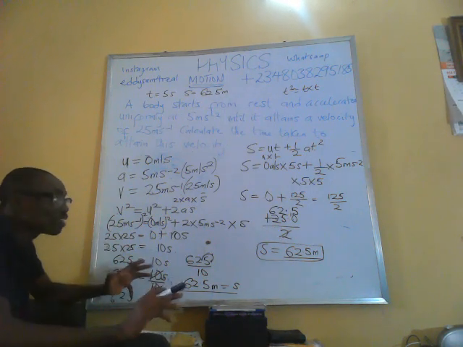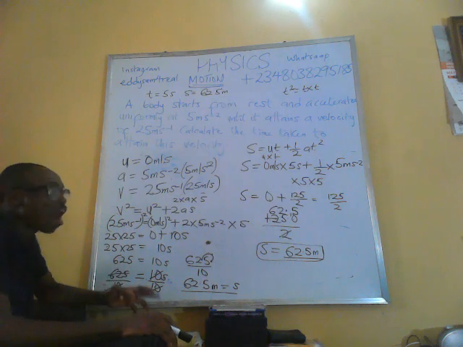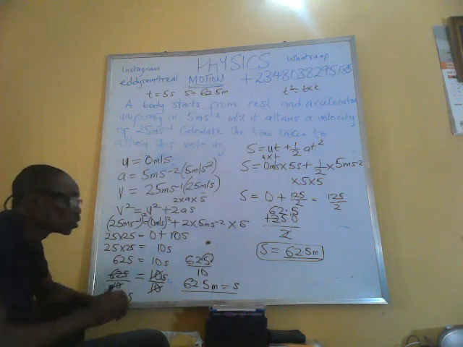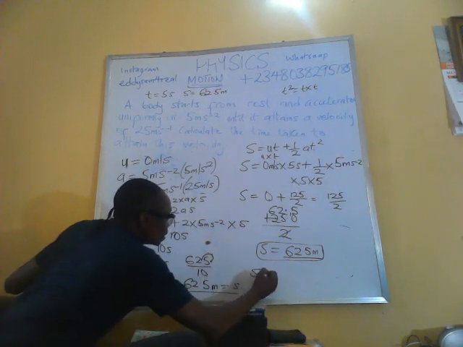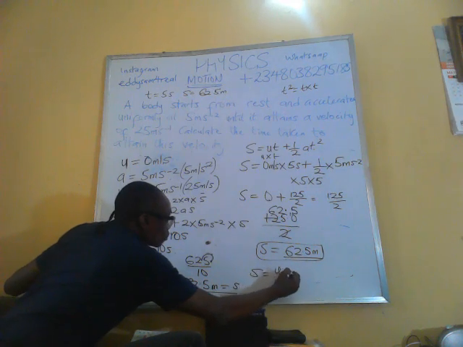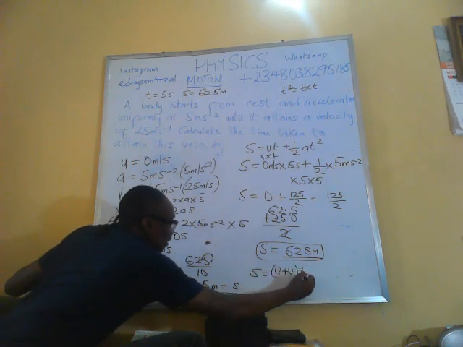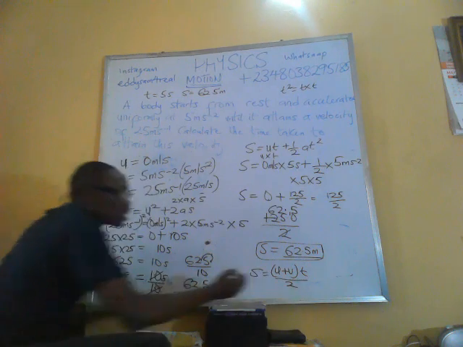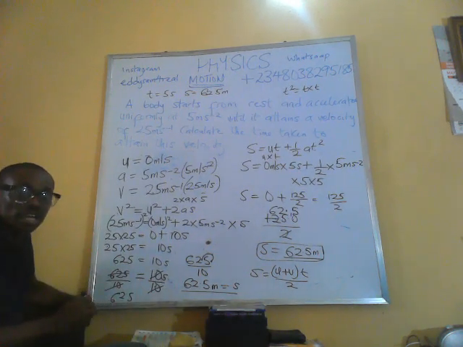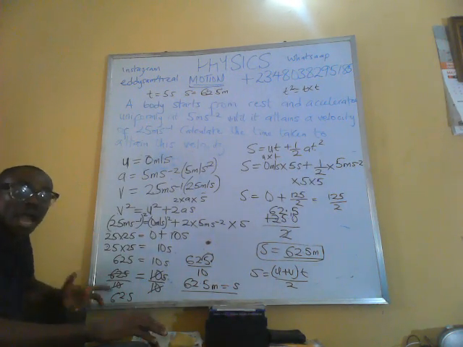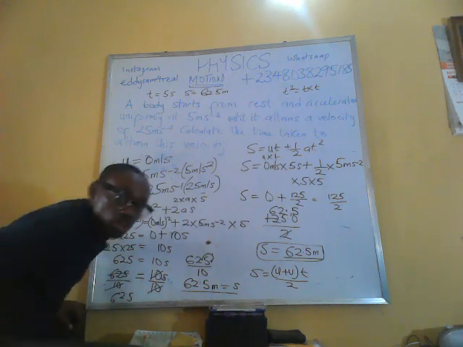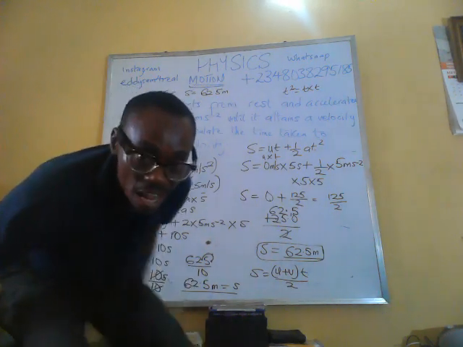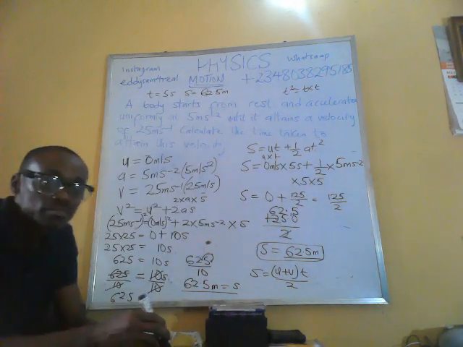So we arrive at the same answer. How about if you make use of the fourth equation, which is that s equals u plus v times t all over 2? You can try that on your own and let us know. But I am telling you that when you make use of it, you are still going to arrive at the same answer.